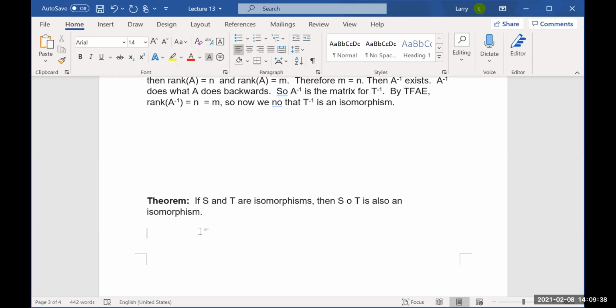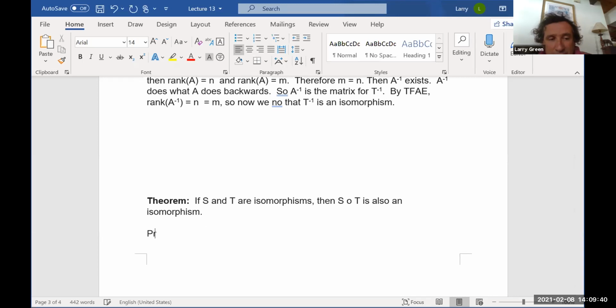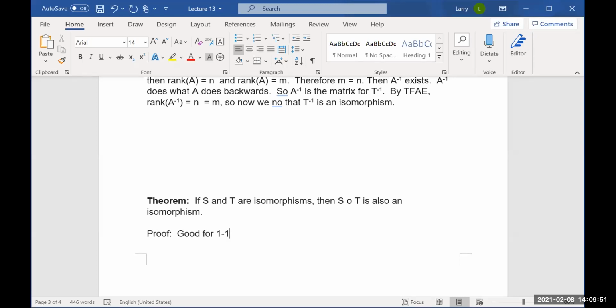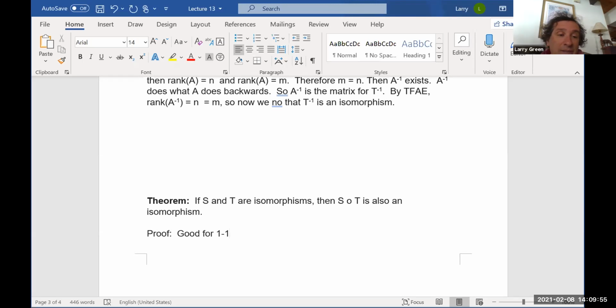Right. So we know, first thing, we're good for 1 to 1. Why are we good for that? That's part of the definition of isomorphism. Right, but how do you know? We know that if S and T are isomorphisms, then S of T must be 1 to 1.